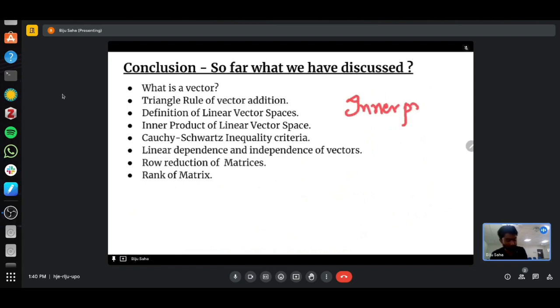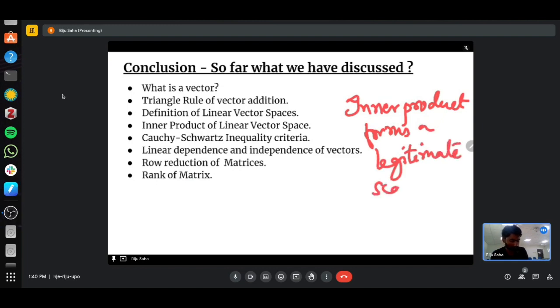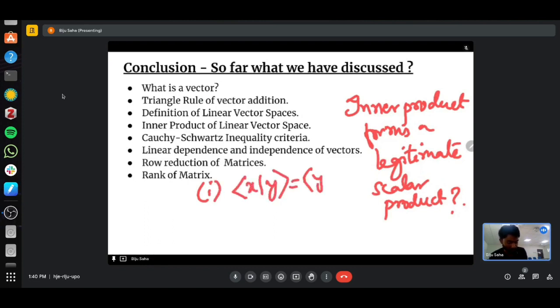Next, we discussed when an inner product forms a legitimate scalar product. That was the next condition that we checked. It had to again satisfy some set of rules. Suppose x and y are 2 vectors, then it had to satisfy this particular rule.